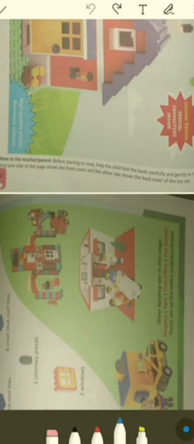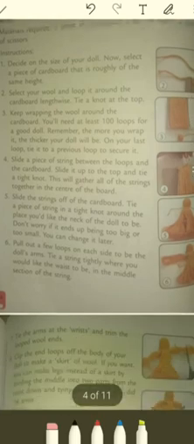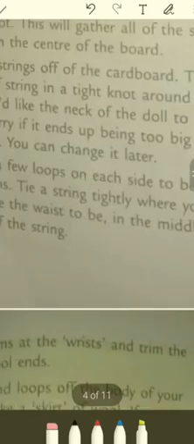Clear? Do this activity on your own. If you have any problem, just let me know. Okay, I don't think you should have a problem. So now let's actually begin our work.